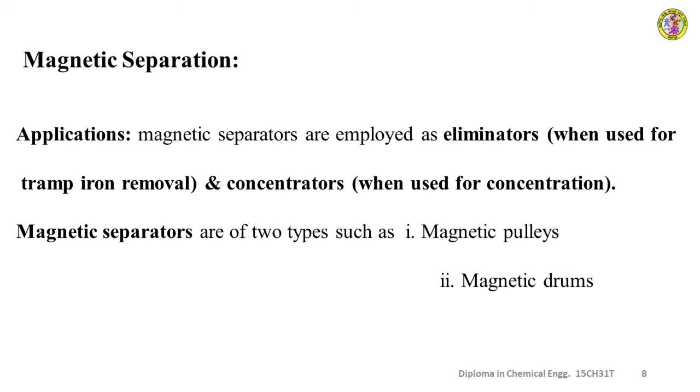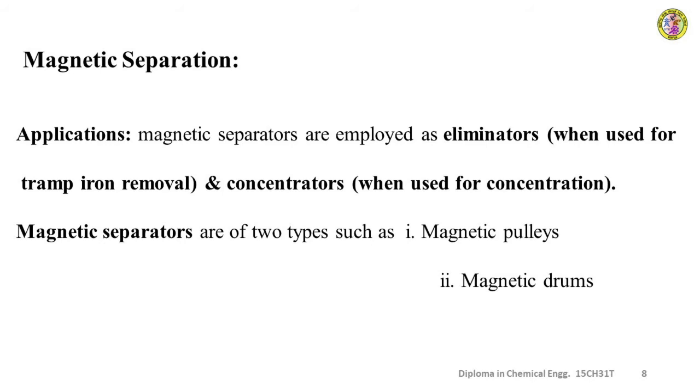Coming to the applications of magnetic separators. Magnetic separators are basically employed in mineral dressing operations again. Sometimes they are also used for separating out the tramp iron that might enter the material accidentally during the operation.